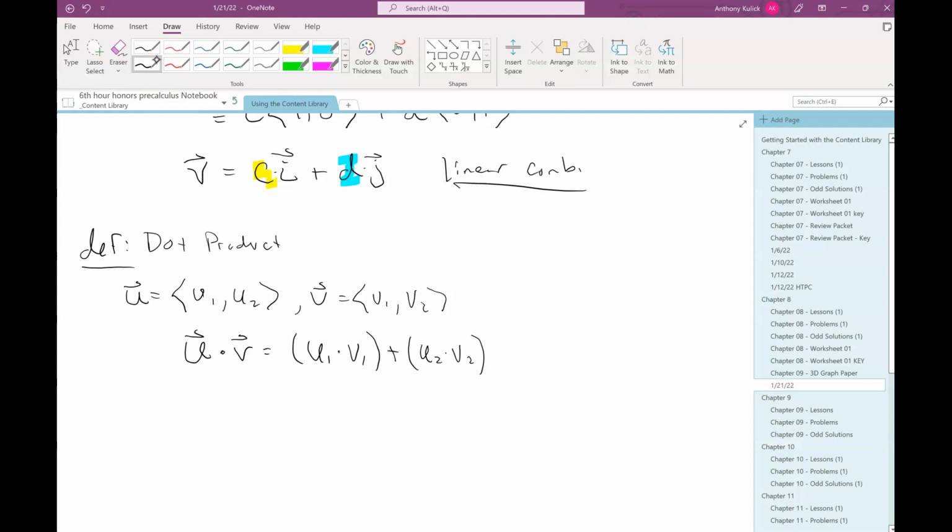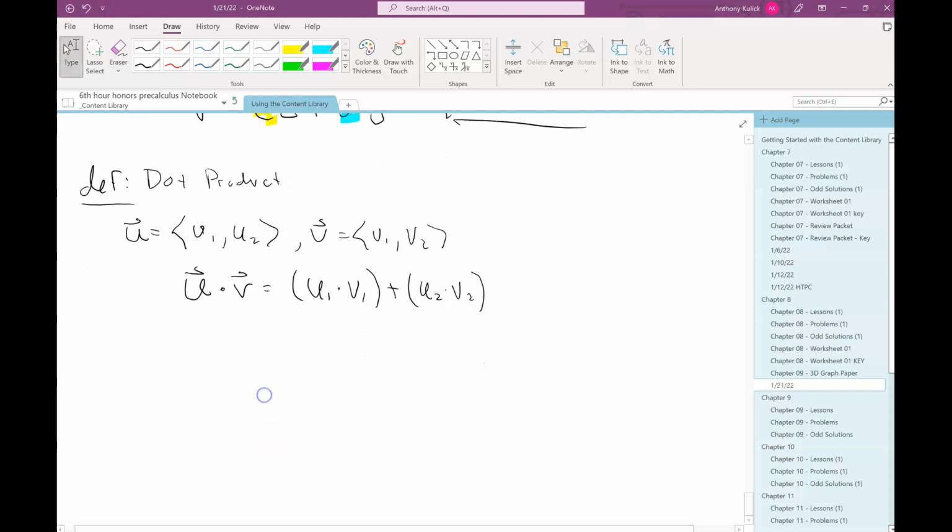If I look at the definition, the items on the left are both vectors. Everything on the right is scalar. So the dot product of two vectors is just a number. It is not another vector. We'll do a couple of numeric examples here in a second. Before we do that, though, let's look at a couple of properties for dot products.